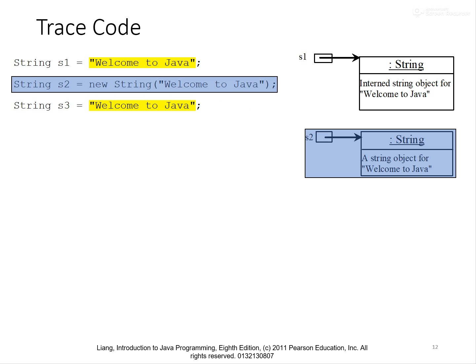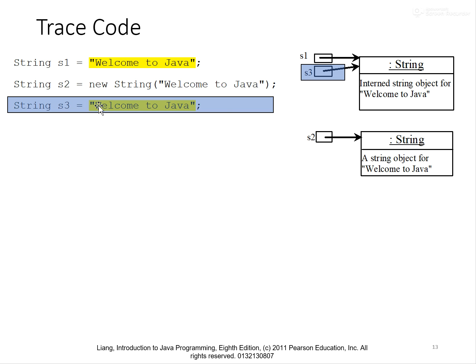S2 is created, we get a new object because we are creating it using the new keyword. But when S3 is created, there's already a string object containing the text welcome to Java. So this newly declared string S3 reference points to the same string object that already contains welcome to Java.